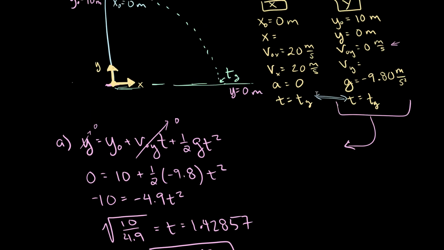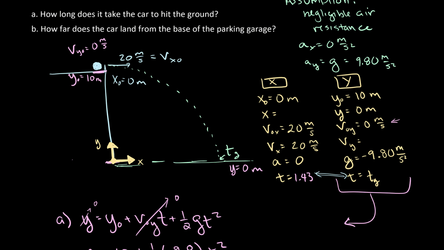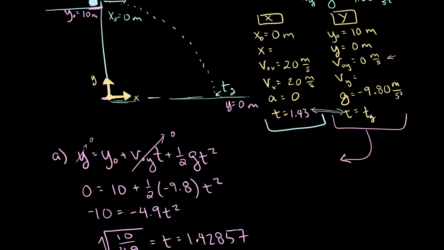So once I've solved for that time, I know it hits the ground at 1.43 seconds. In part B, I'm asked how far the car lands from the base of the parking garage. Now I need to use my x list of variables to solve this one.